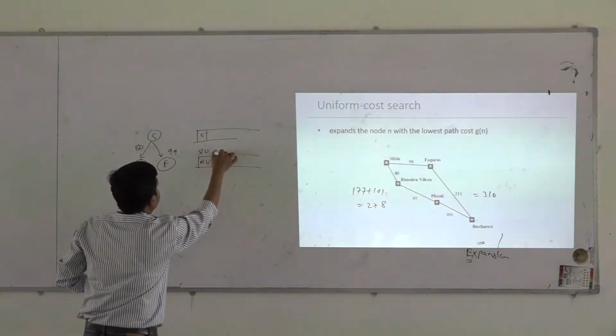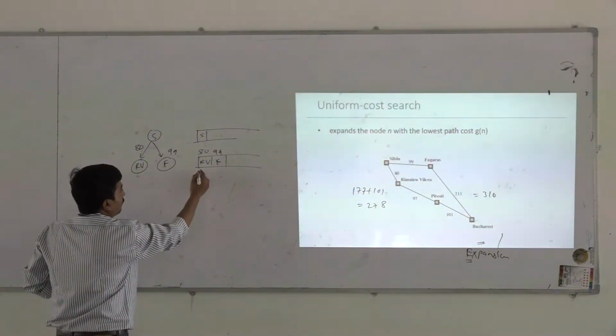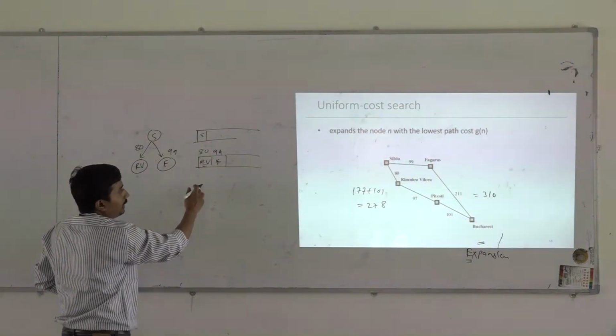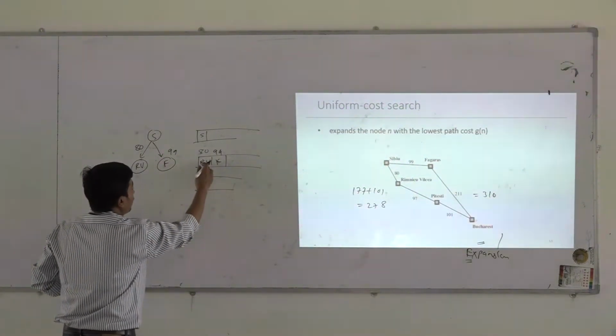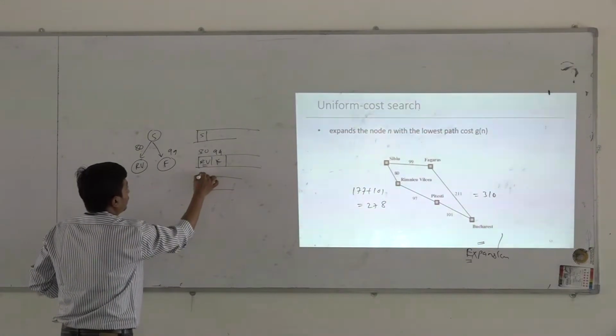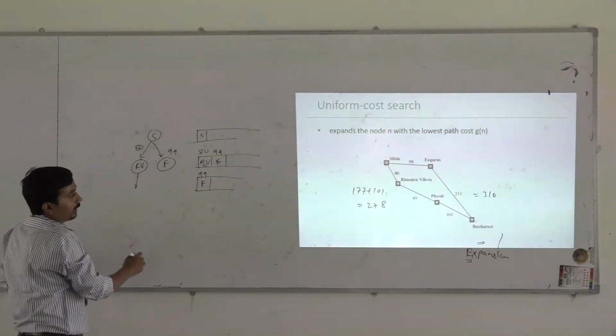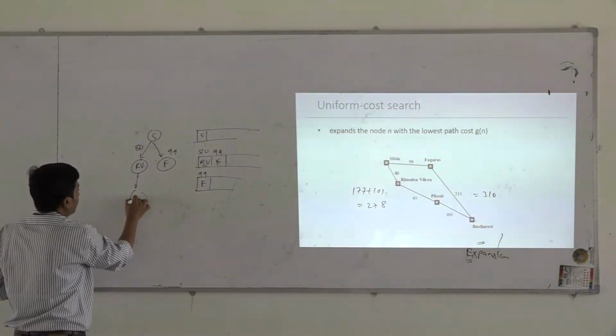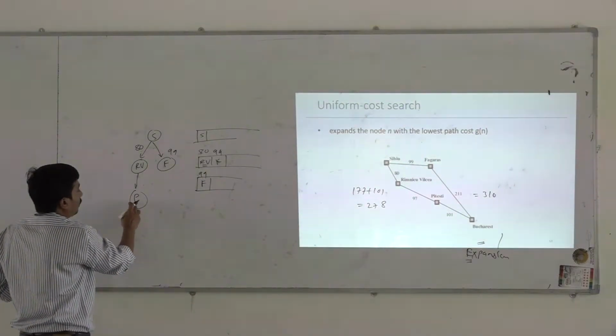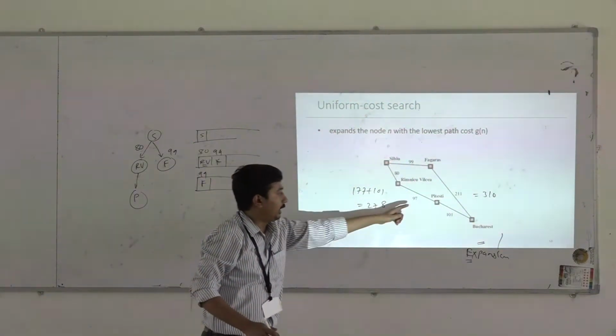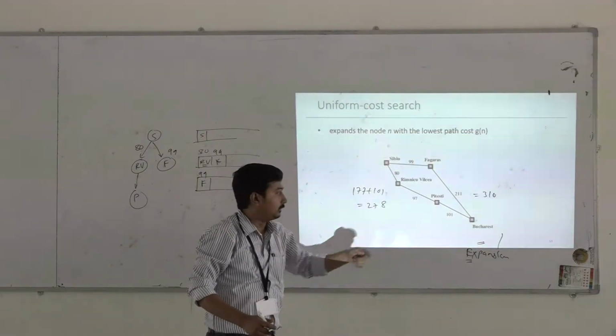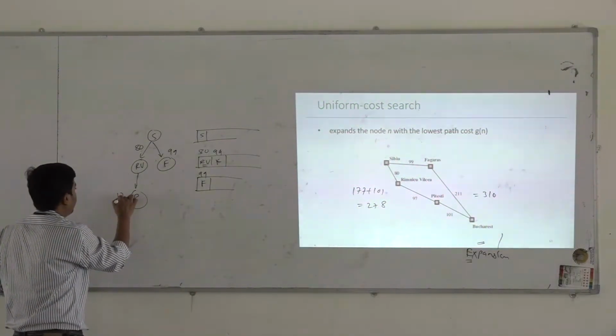Next, the path cost of RV is minimum, so we will remove that one. We will expand this RV, and the neighbor is P. Now the cost of P is not 97, it will be 80 plus 97, that is 177.